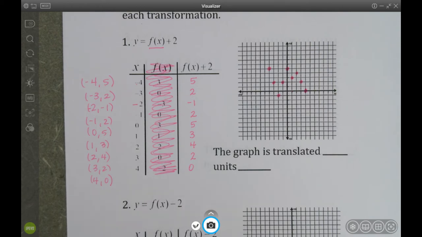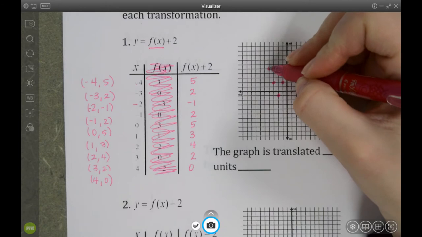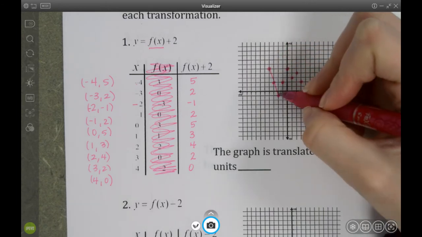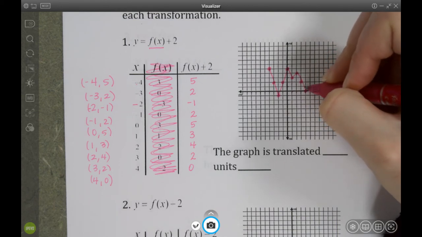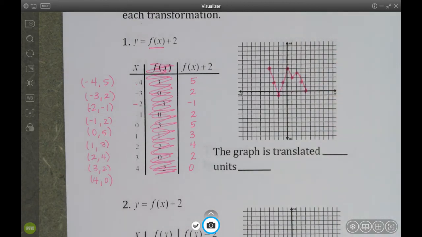Once you get all of your points plotted, you're going to connect them. And it should still look mostly like the monster that we had on the front page of your book.